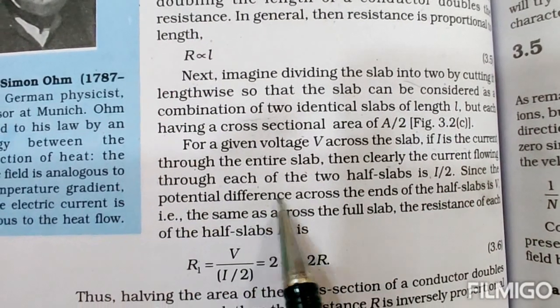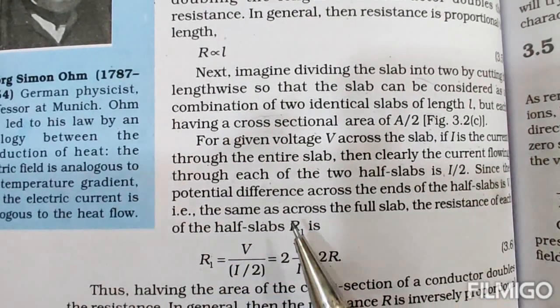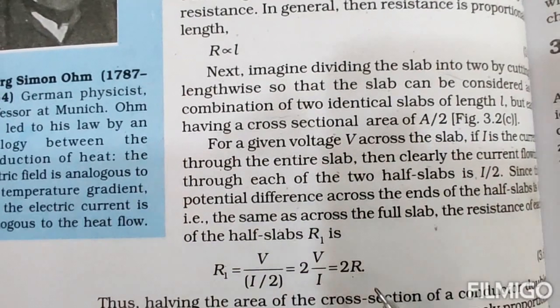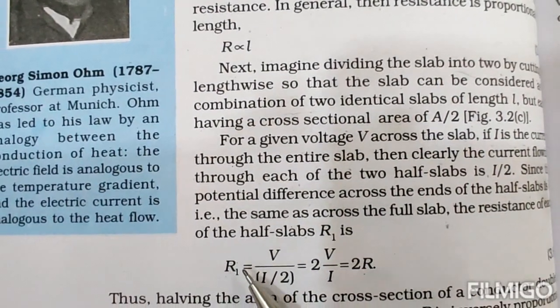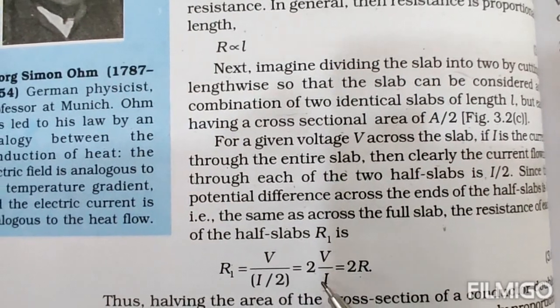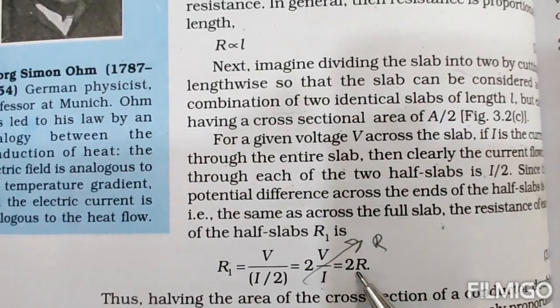Since the potential difference across the ends of the half slabs is V, the same as across the full slab, the resistance of each of the half slabs, R1, is V by I by 2, which equals 2V by I. Since V by I is represented as R, it is 2R.